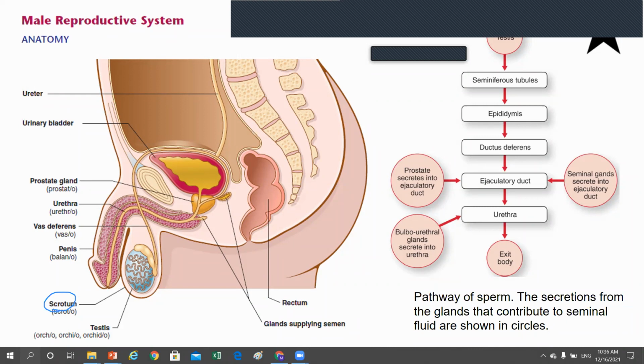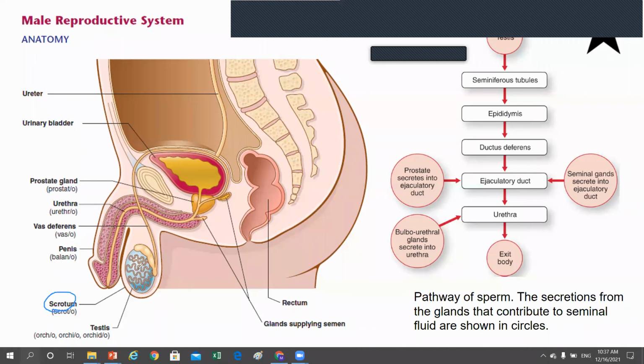When we study more, we will find that this organ develops in the abdomen during development, but it descends down. When it has descended, it is kept in the scrotal sac. So the second word to introduce is scrotum. So, testes and scrotum.